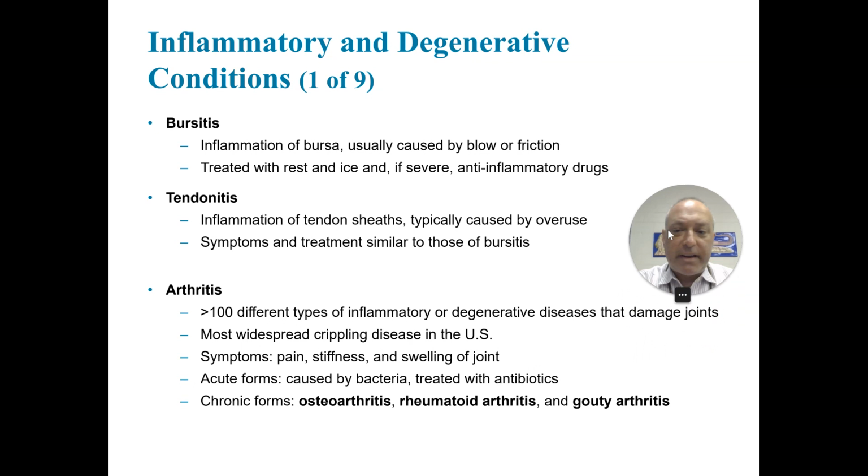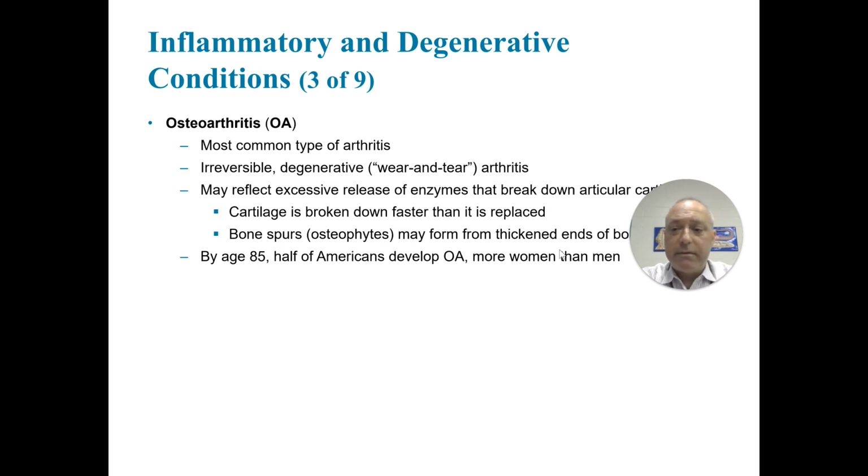There's also bursitis, which is inflammation of the bursa, usually caused by a blow or some kind of friction to upset this bursa. Tendinitis, inflammation of the tendon sheaths, as well as arthritis, which is a degenerative disease that damages the joints, like osteoarthritis, rheumatoid arthritis, or gout.